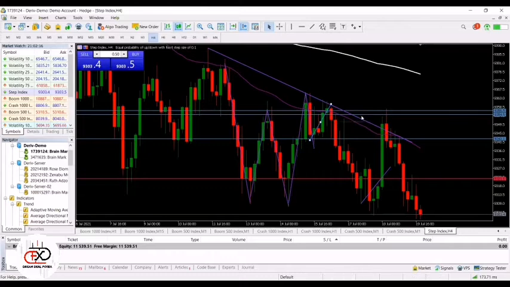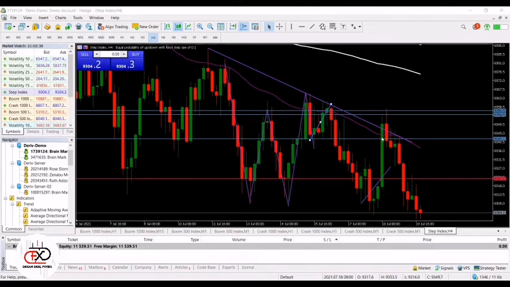So the market respected it and then respected our trend line. So at this point, on the 17th of July, we expected a bullish move on the 15-minute time frame. It bought nicely, but it came back to the trend line and respected it.